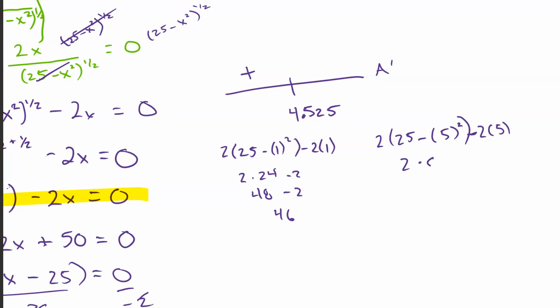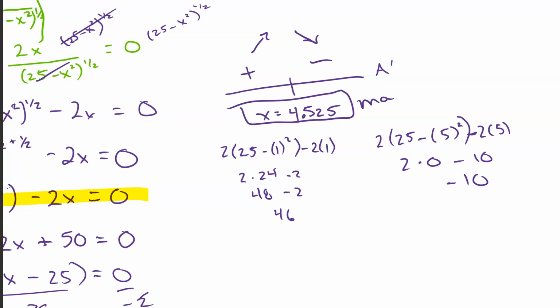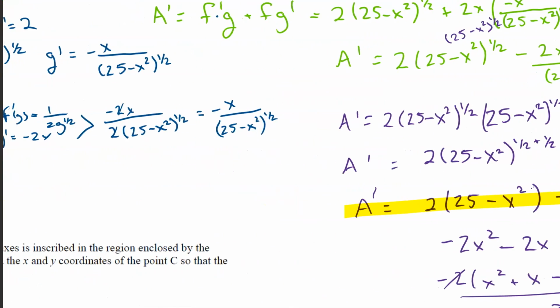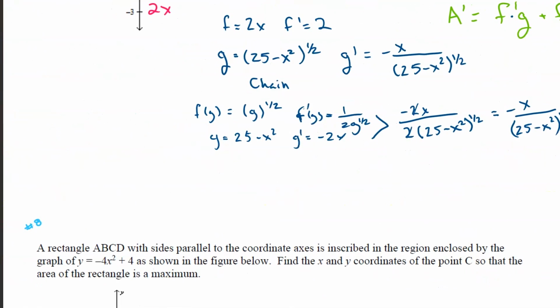All right, so we got 2 times 0, minus 10, negative 10, so we're negative, and we've got a max, so x equals this is a max, which we were looking for a max, so we're all set. That problem was like hard.